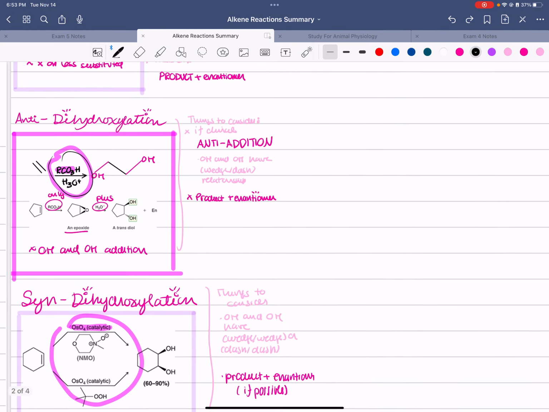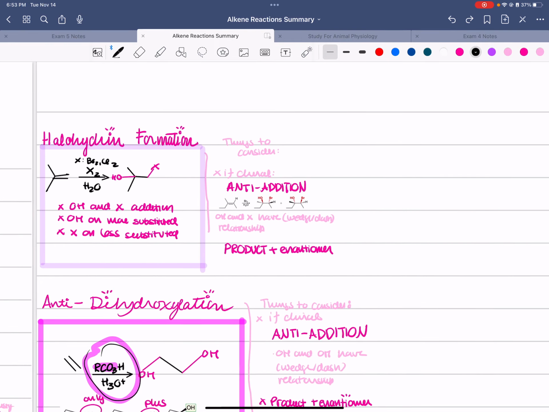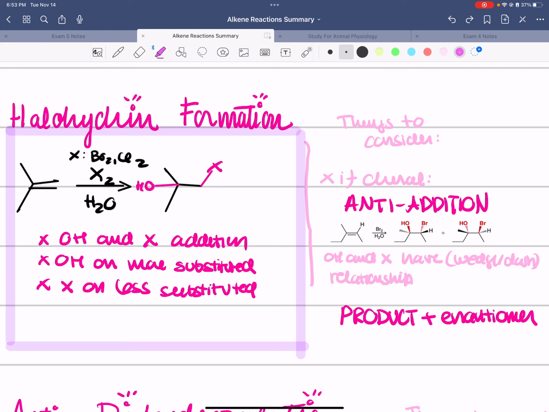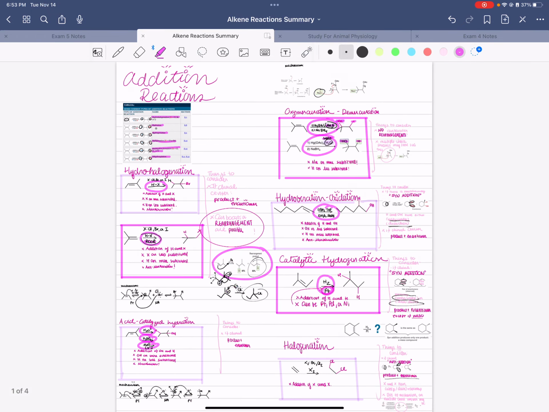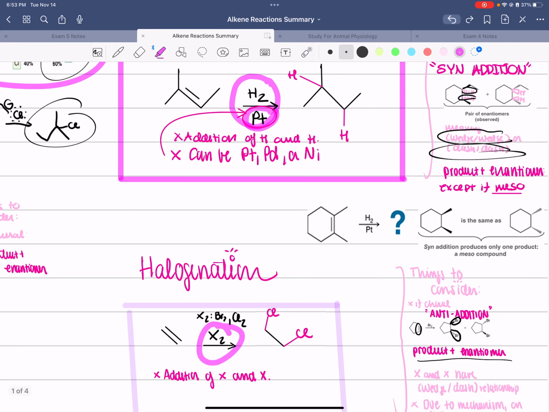Okay, so we only have 4 more. So we have halohydrin formation. Like I said, we have to remember to look at everything as a whole, because if you look at this one and then we look at this one, they can be pretty similar, right? But they don't give rise to the same product technically.